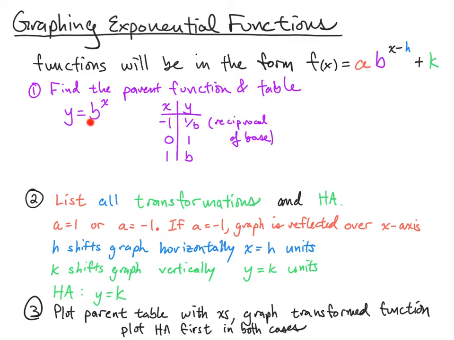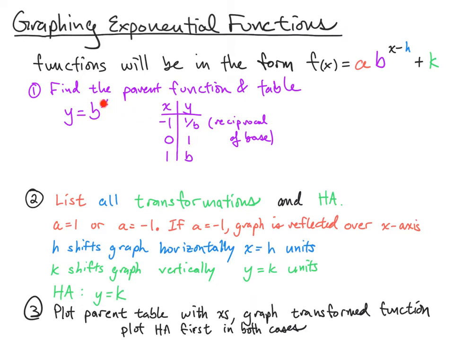So b, our base, just like any other base we've worked with in an exponential video, has to be a positive number and not equal to 1. So as long as we have a positive number here that's not equal to 1, and we put a 0 in for the exponent, that number raised to the 0 power will be 1. Pretty simple.